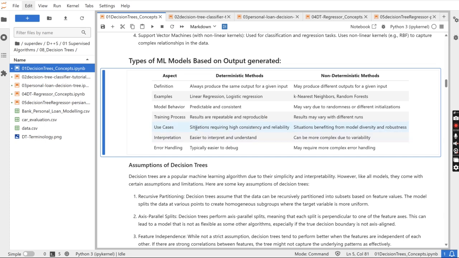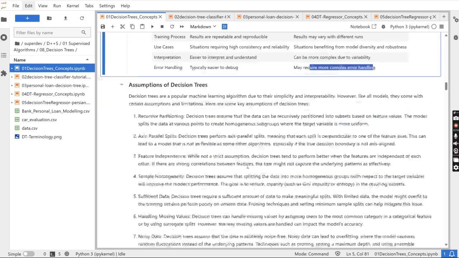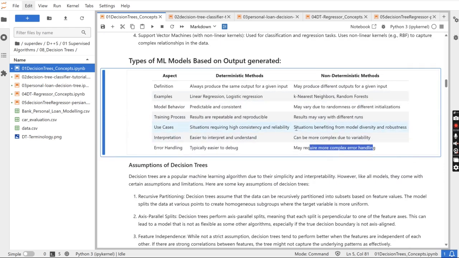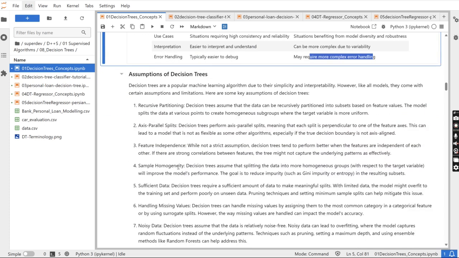For use cases, deterministic models have high consistency, high reliability, and they are easier to interpret and easier to debug. Whereas non-deterministic models have model diversity and robustness, but are very complex, with complex error handling, and difficult to fix. This is just another way of looking at ML models.